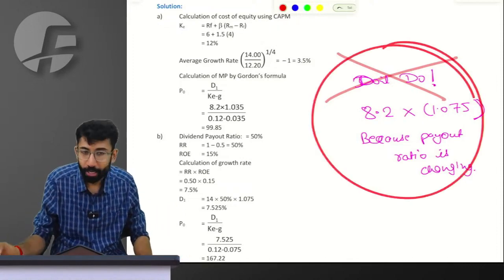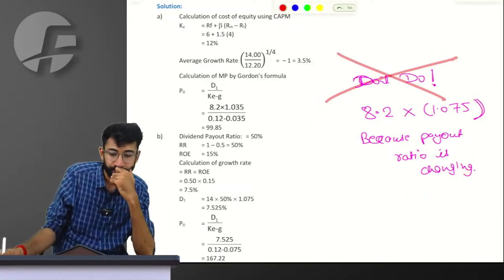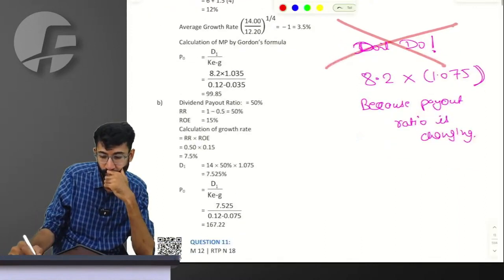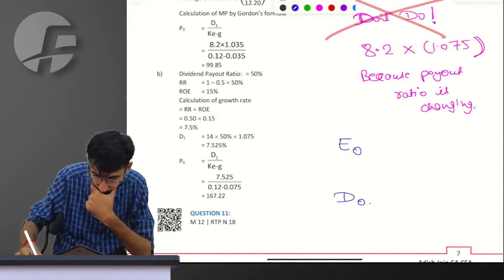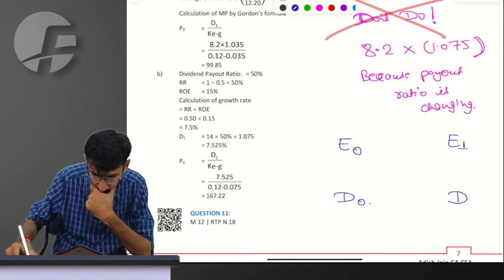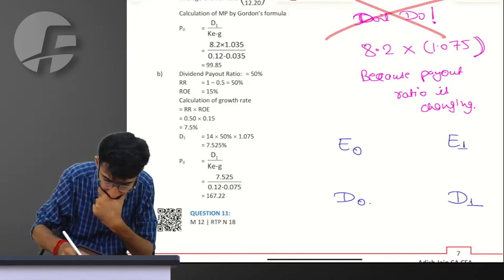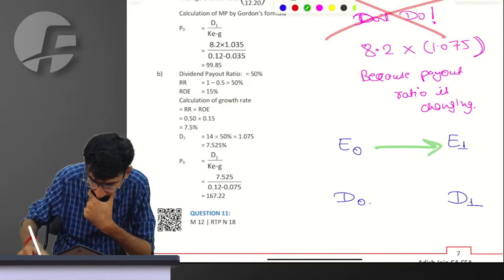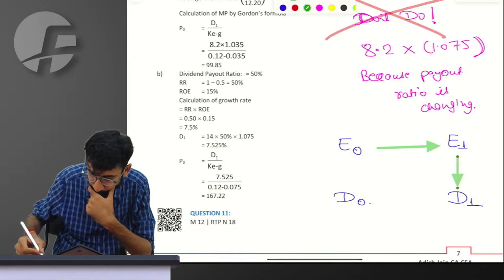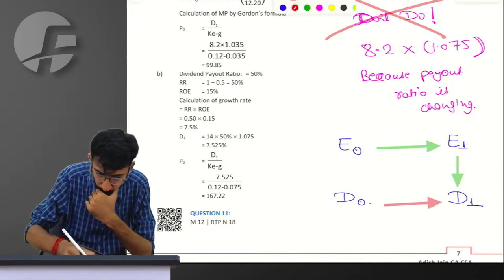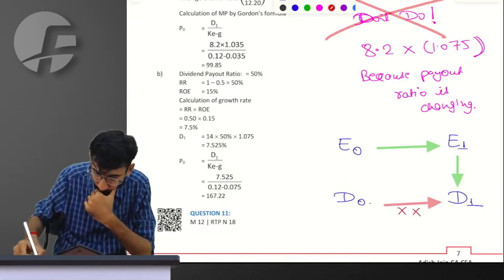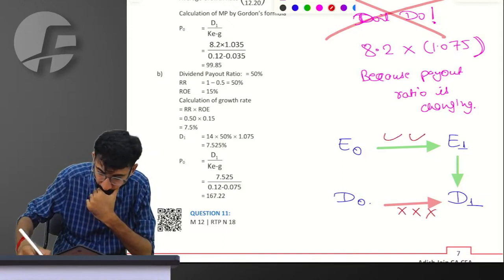Whenever there is a change in payout, you cannot follow this path. You can't do this, but yes, you can do this.